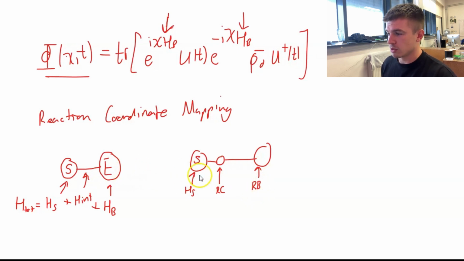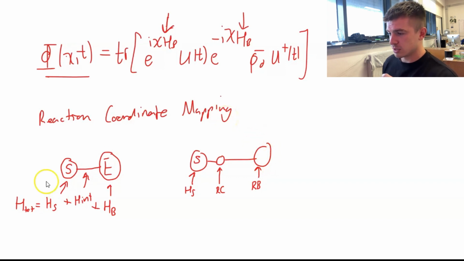So what we've now got is we've gone from a picture where we've got a system interacting with a large environment with many or infinite degrees of freedom, to now we've got the system interacting with one mode from the environment, which itself interacts with the rest of the environment, which is still infinite because we've just taken 1 away from infinity, so that's still infinity. Why do we do this?